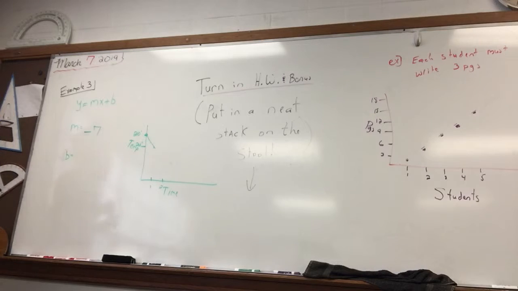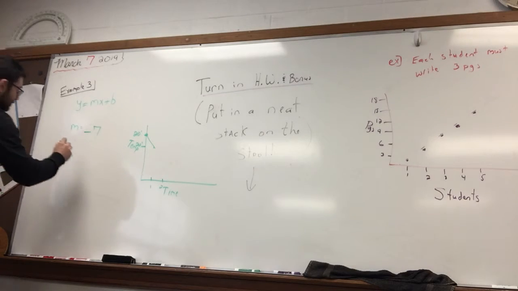So I'm just going to leave it as negative 7. Michaela, you told me what b was. What is that? Starting point. So now I ask again, what do we think the b is going to be for this function? Where did we start in this function, Ava?